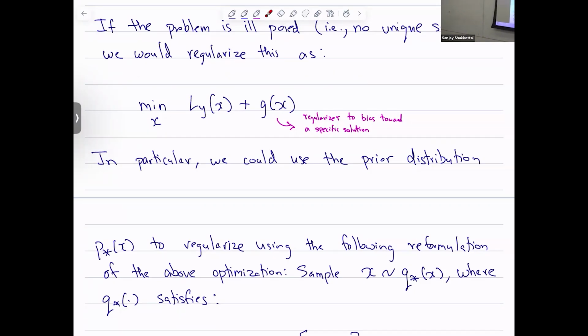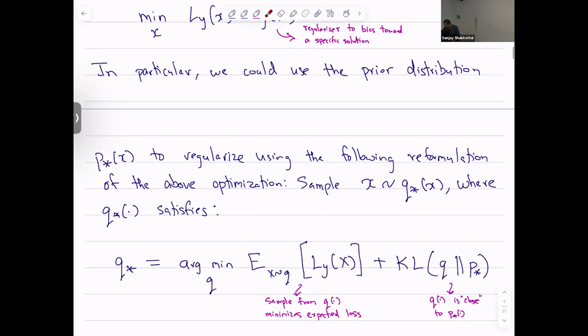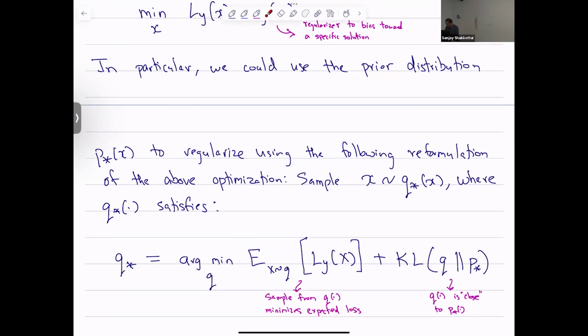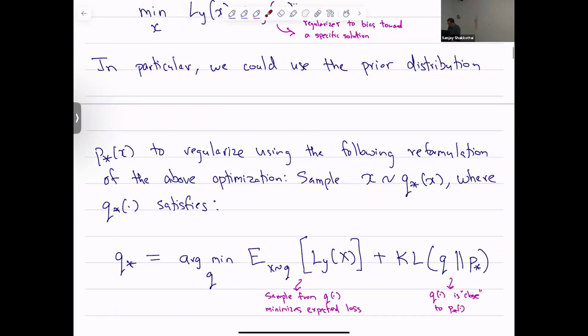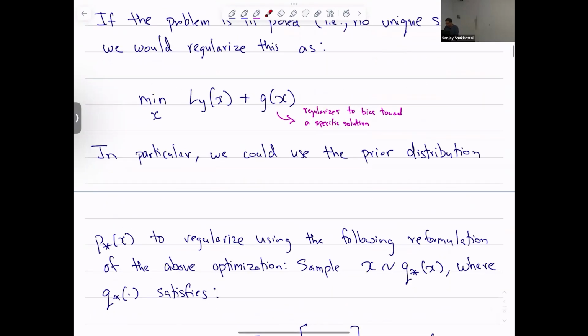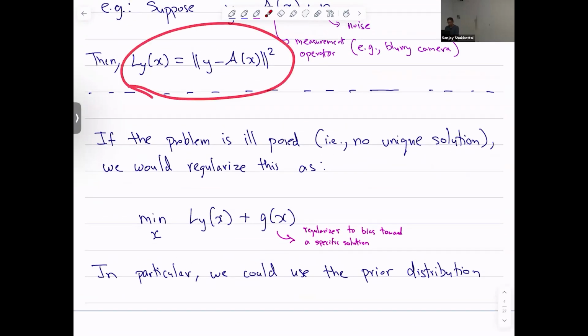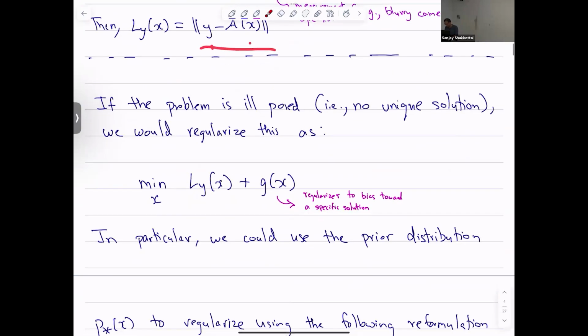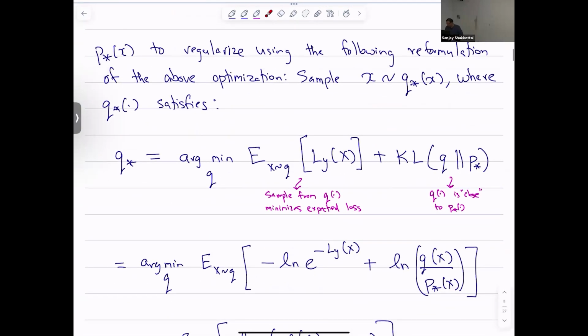So let's think about a sampling way of thinking about exactly this problem. I haven't changed the problem yet. I've given you a Y, I want to find an X which solves this inverse problem. One way is to reformulate this as the following. Instead of finding an X, find a distribution Q star.